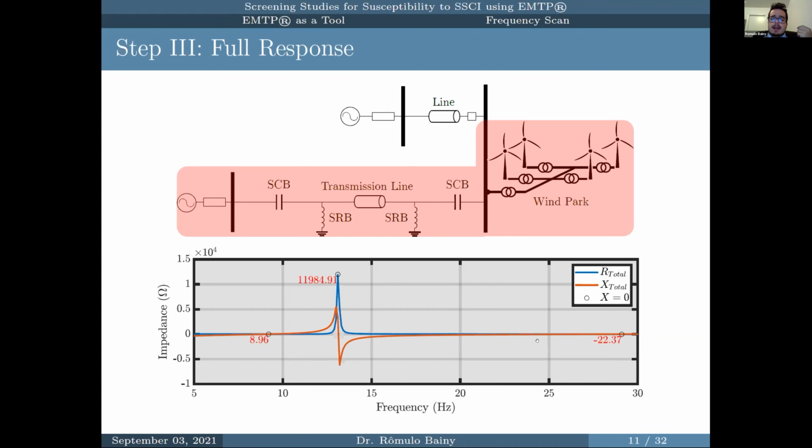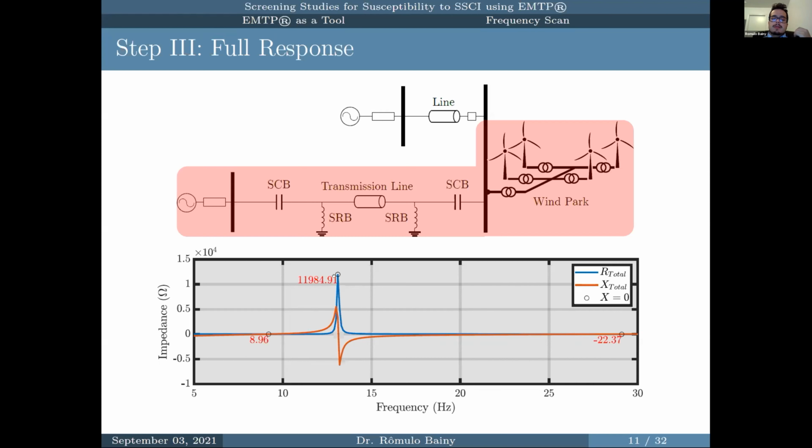Whenever you have the crossing from the negative to the positive, this means that we have a series resonance. When the crossing happens from the positive to the negative, then we have a shunt resonance.